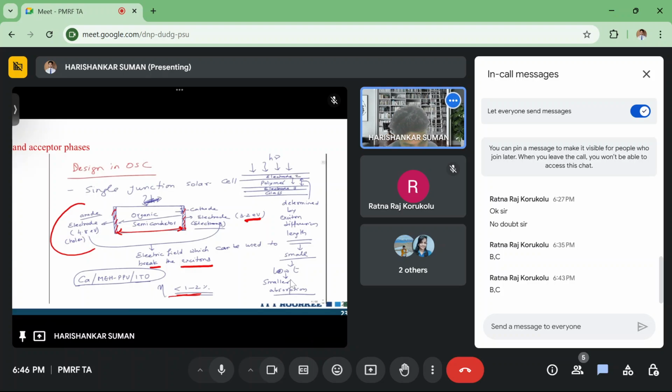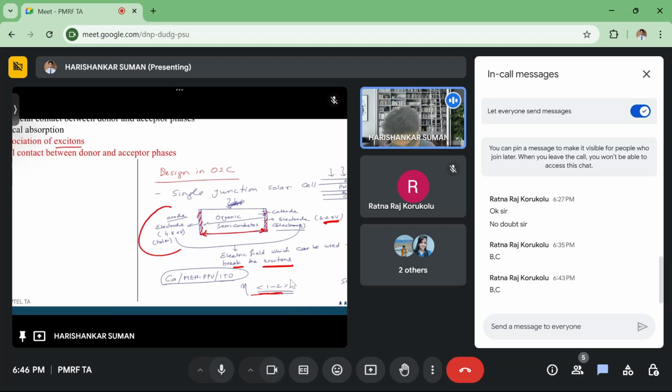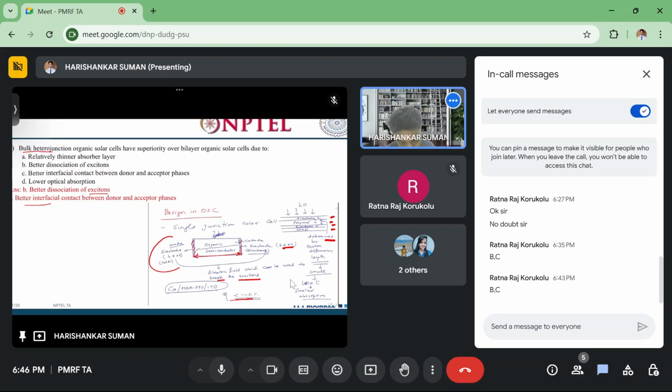Efficiency is less, but it is determined by the exciton diffusion length, which is small, and absorption is low. So this is the design, and the bulk heterojunction organic solar cell has a superiority over the bilayer organic solar cell.